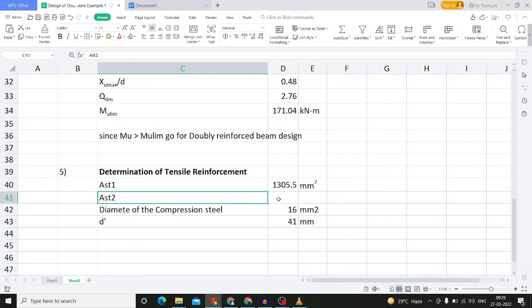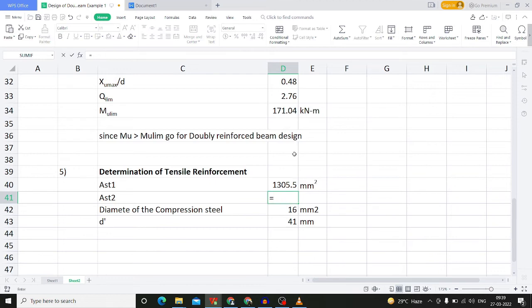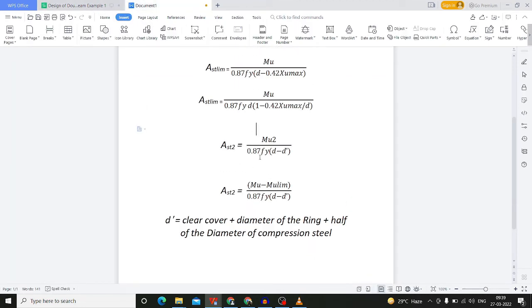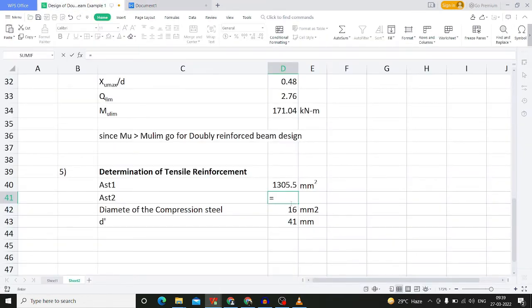Now we can find AST2. AST2 equals, again you see the formula, Mu2 divided by 0.87 Fy bracket d minus d dash. What is Mu2? Mu2 is nothing but Mu minus Mu-lim, where Mu is the applied bending moment.